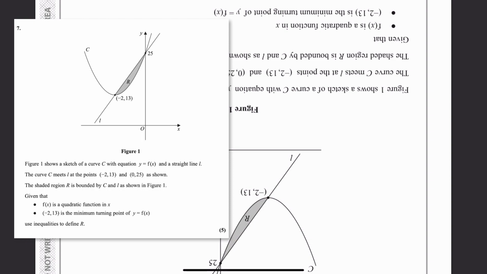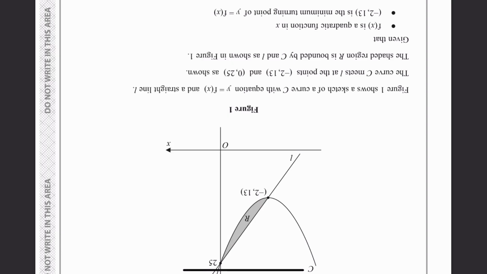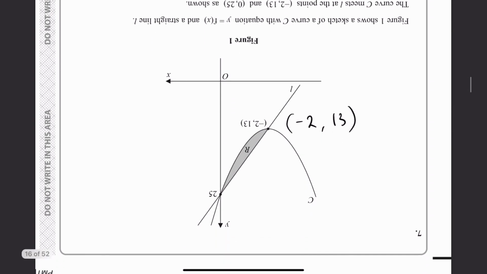Figure 1 shows a sketch of a curve C with equation y equals f of x. The curve meets L at the point, okay, I'm just going to write this point. So minus 2, 13, yep, makes sense, minus 2, 13, and also 0, 25.